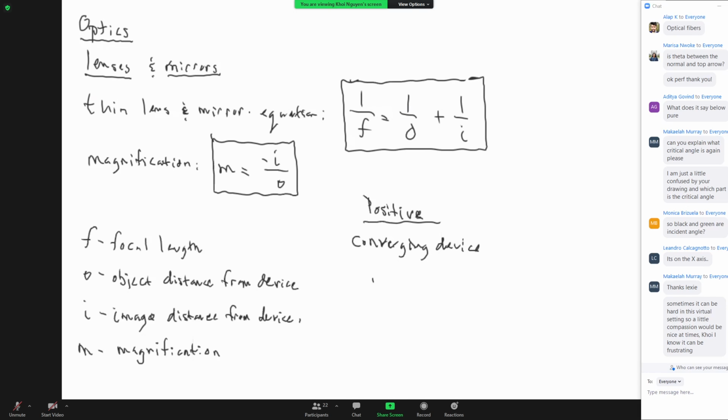Positive when you have a real object. Positive when you have a real image. Magnification is positive when it is upright. It's negative when you have a diverging device.